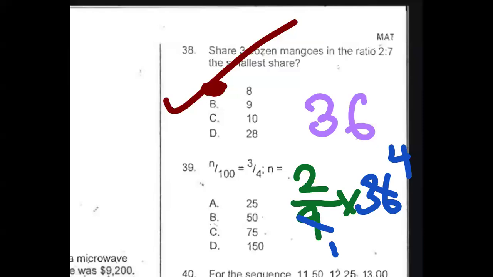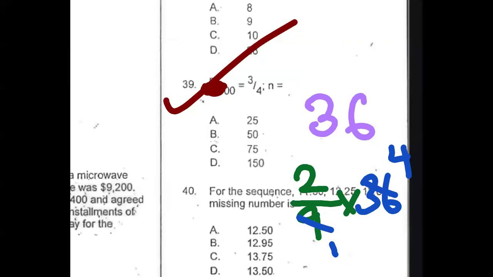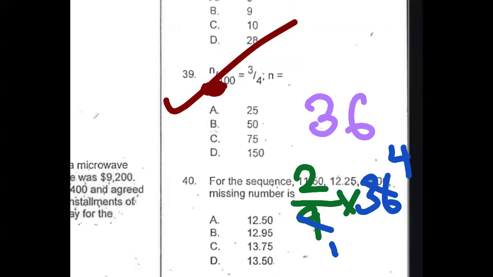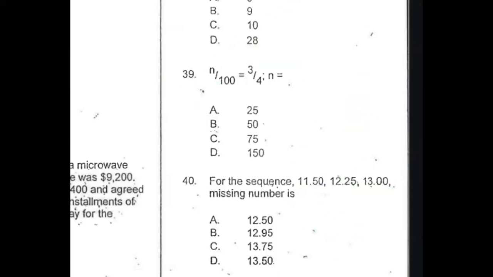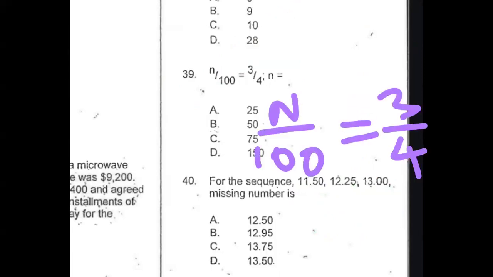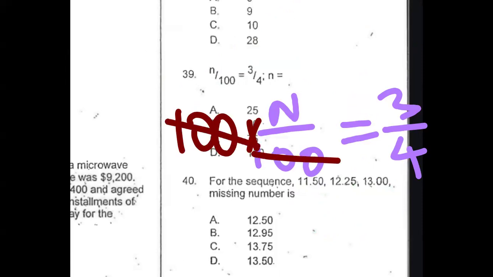All right. Now let's go to 39. What's going on for the number 39? All right, so for 39, n over 100 equals 3 over 4. So let's multiply 100 by this and 100 by this.